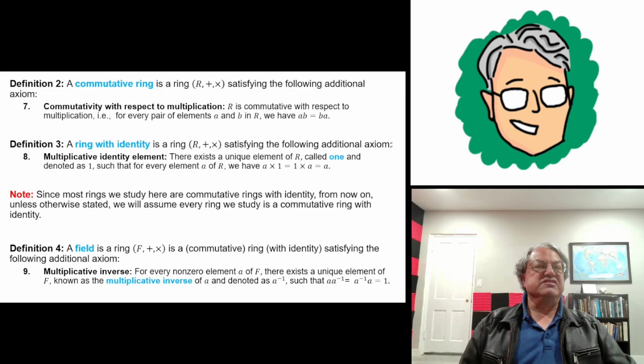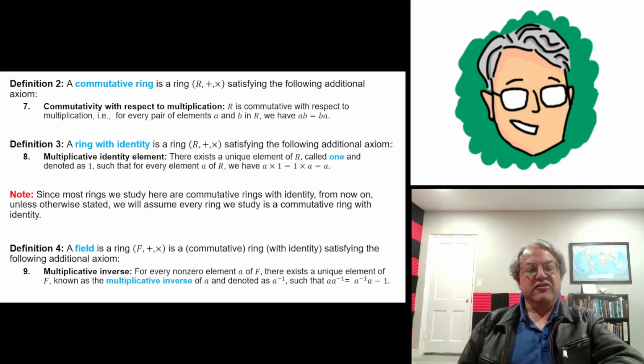What that says is that for every non-zero element A of your field F, and it's very critical that it's non-zero, there exists another element of your field which we call A inverse. It's the reciprocal or multiplicative inverse, if you like, of A, such that A times A inverse is A inverse times A is 1. So that's a field.